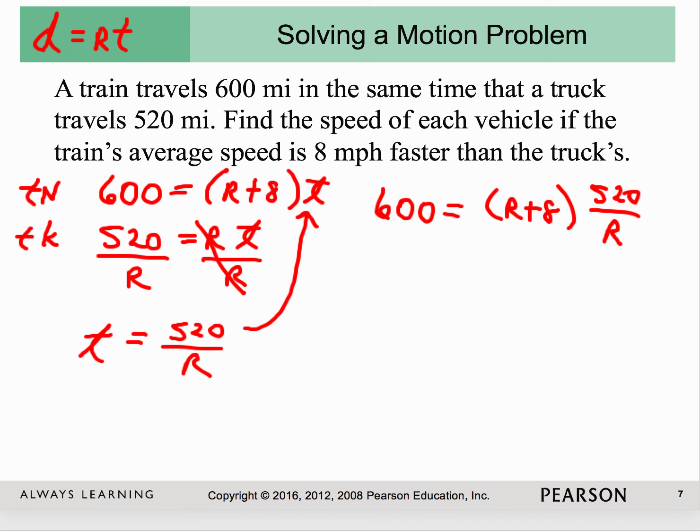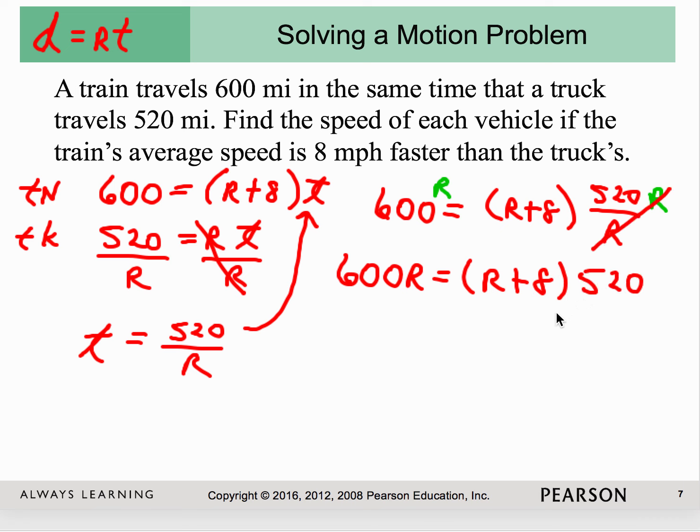Anytime you have a fraction with an equal sign, get rid of the fraction. The only denominator is r, so let's multiply everything by r. Not inside parentheses, remember, not inside parentheses. So now we have 600r equals r plus 8 times 520.